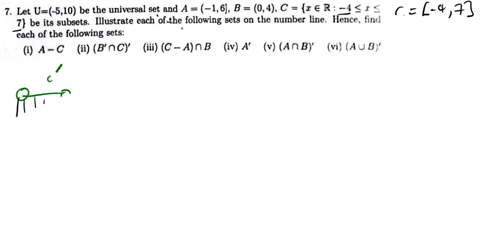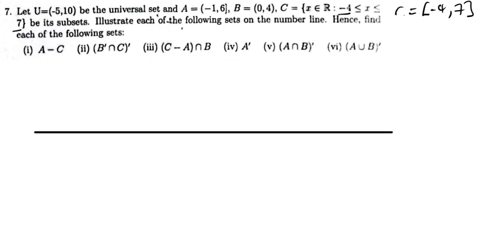Let's do part 3. Again, we are starting from -5 all the way to 10, not included. That is my universal. Then we can put 0 here. What else do we have?